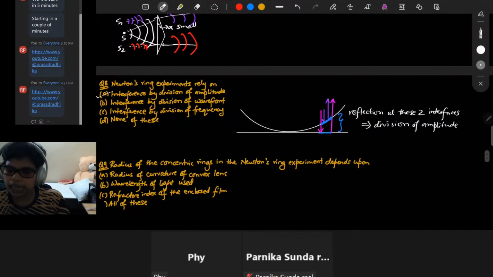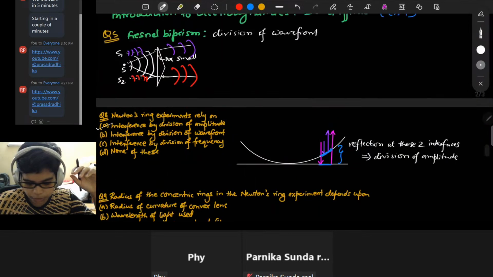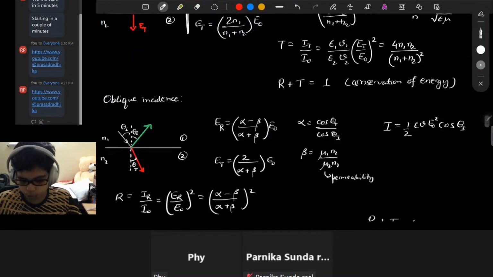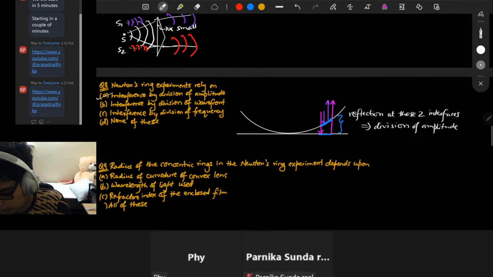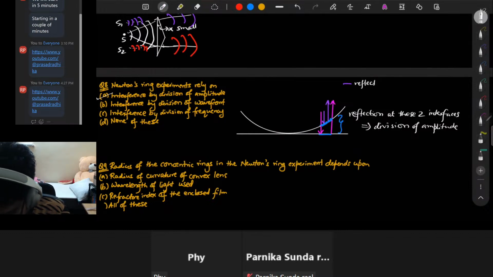Okay, because the ray is coming and it gets divided in amplitude by the reflection and transmission coefficients we just discussed over here. So these are the reflection and transmission coefficients. So the ray which is incident, part of it will get reflected in the form of this purple ray. So the purple ray is the reflected part, and the pink ray is the transmitted part.